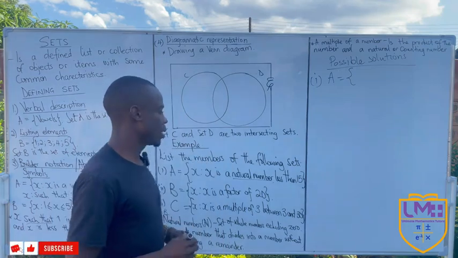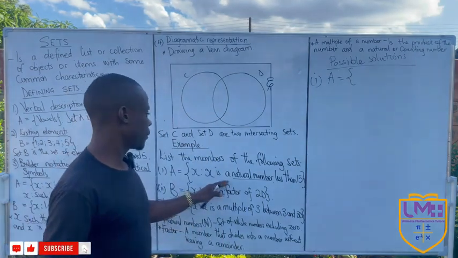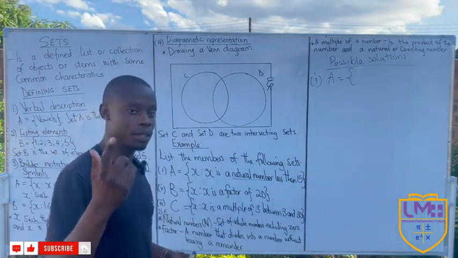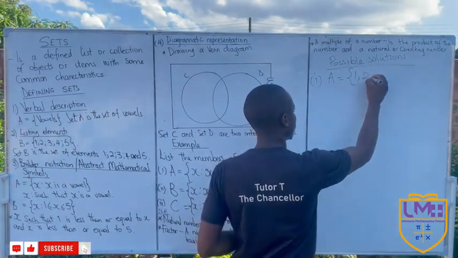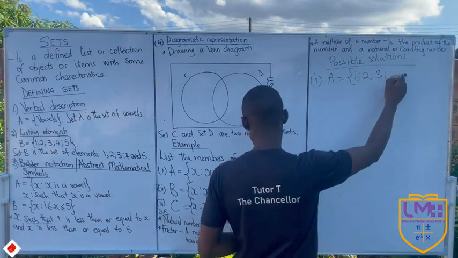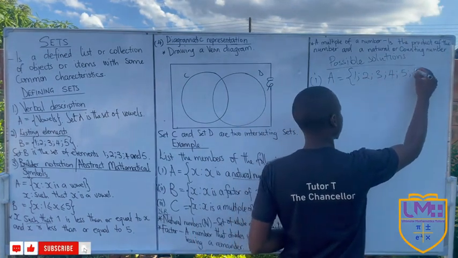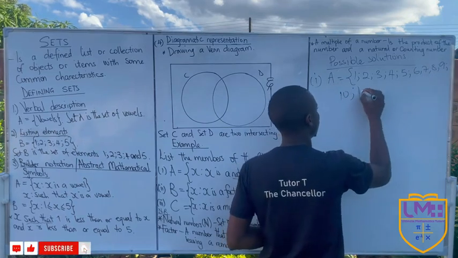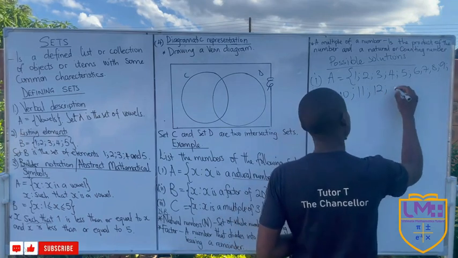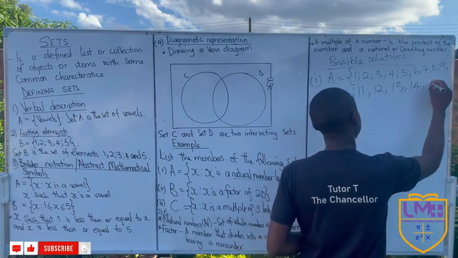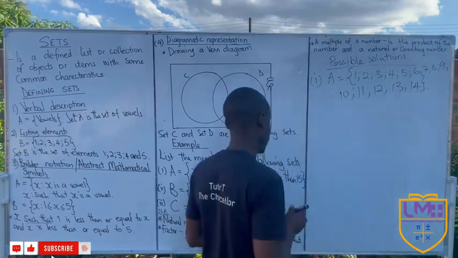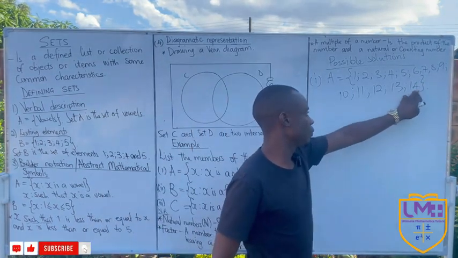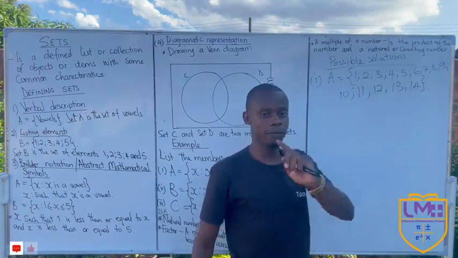So natural numbers less than 15 begin from 1, 2, 3, 4, 5, 6, 7, 8, 9, 10, 11, 12, 13, 14, less than 15, so our largest value is 14.